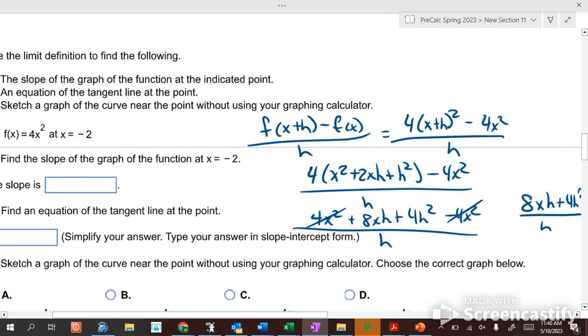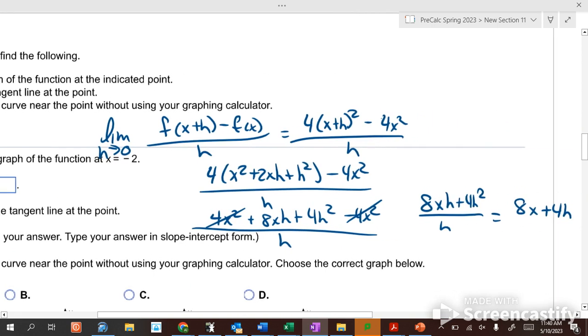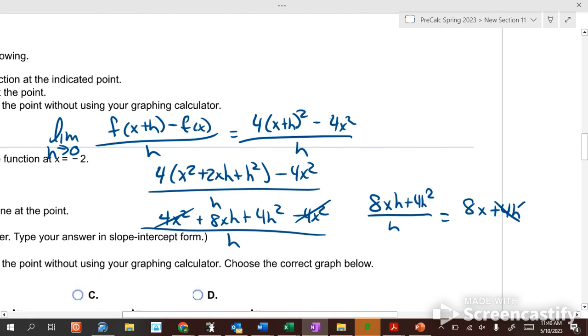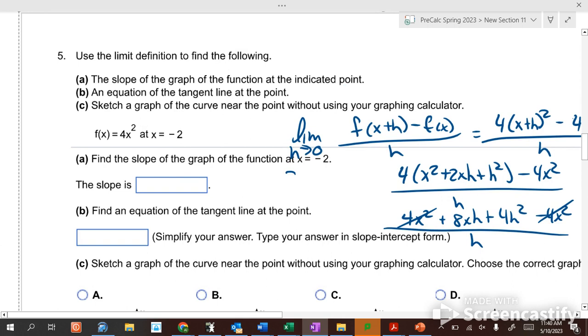Now, if the limit as h is going towards 0, we put a 0 in there, then that disappears. So the slope is 8 times x. Or in this case, the slope at -2 is 8 times -2, or -16.